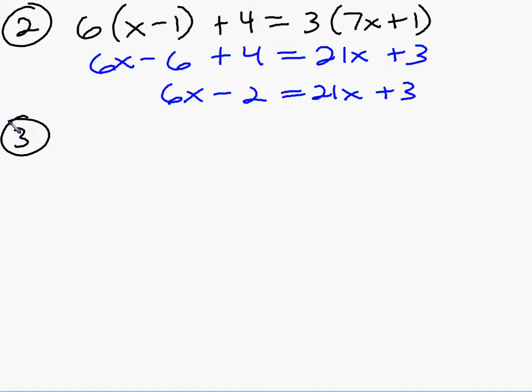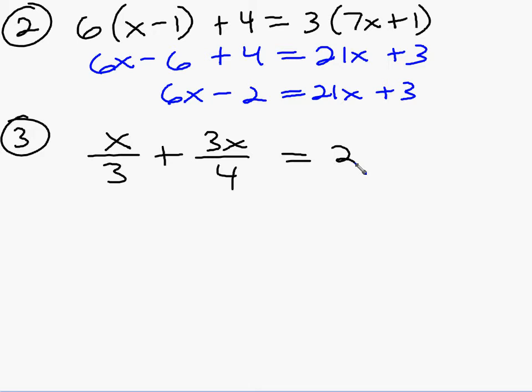You know how to finish that one. I'd like to get to some of these where there might be more questions, like this one. X over 3 plus 3x over 4 equals 2. Now, here's what I would do in this case.